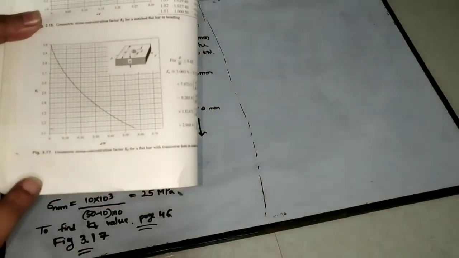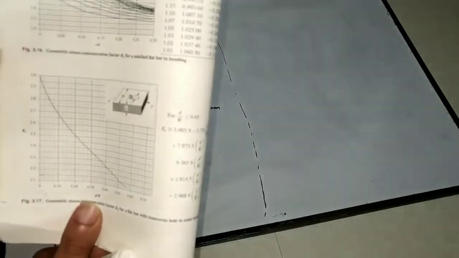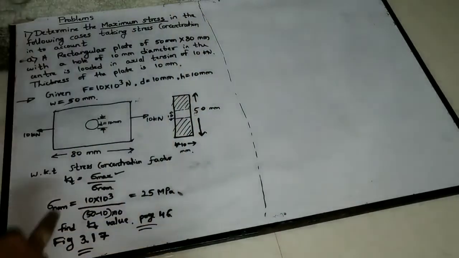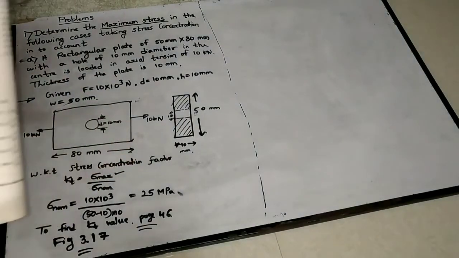This is page number 46, figure 3.17. This figure may not be visible properly in the video, but you can go to your data handbook, page number 46, figure 3.17. Whatever figure you are drawing from the given question, you have to compare it with the data handbook.